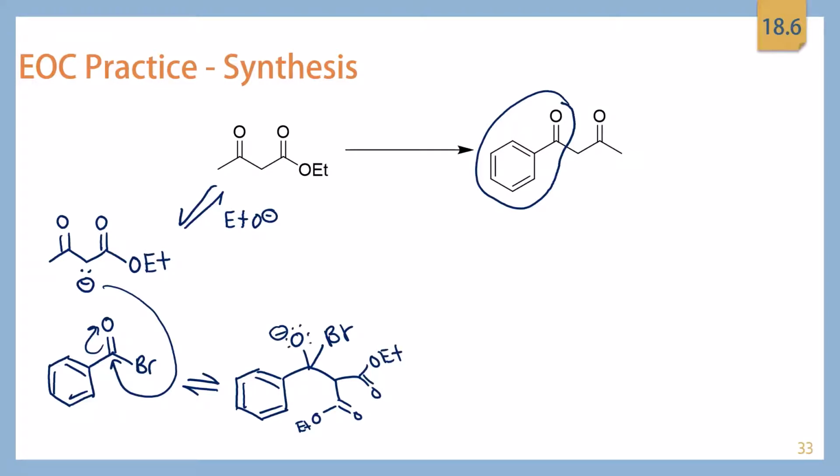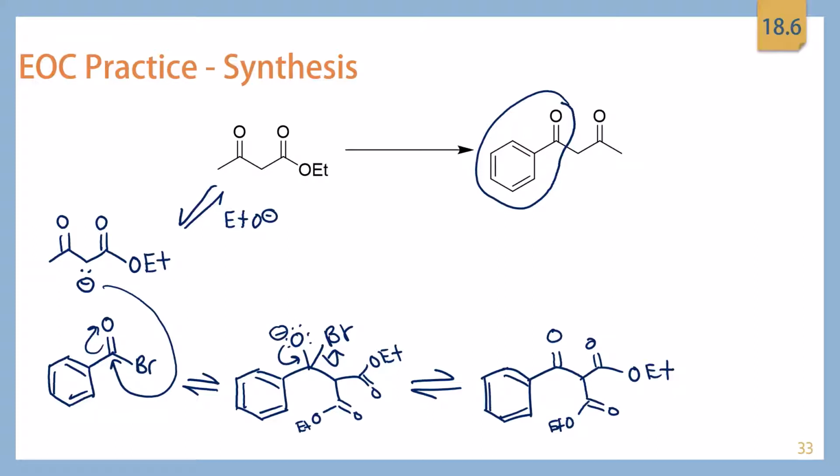And then we would kick out the bromine. And then you would hydrolyze it and get to your product. Oh, I started writing diethyl malonate. Dang it. Okay, so then you would hydrolyze it and you would get to your product after you decarboxylate it.